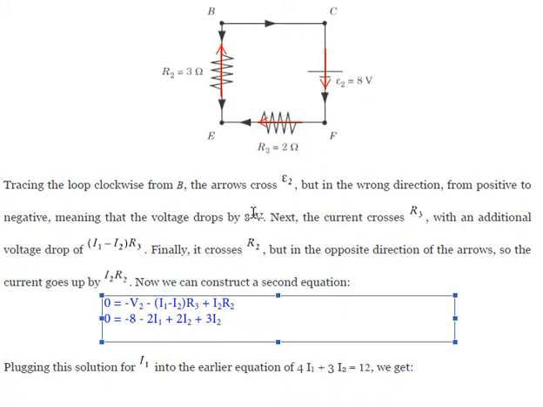And simplify it a little bit more. 8 equals negative 2I1 plus 5I2.